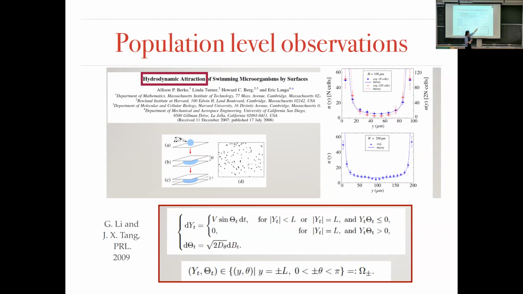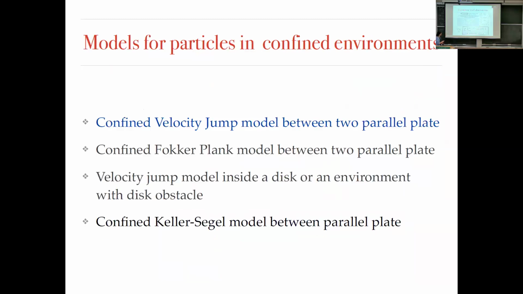But if it's at the wall and its movement direction is outward, then it can move according to the law here. This is a very simple model where its movement direction changes just by rotational Brownian motion. By using this very simple model, they can recover the experiment here. There will be more bacteria at the boundary, and fewer in the middle.